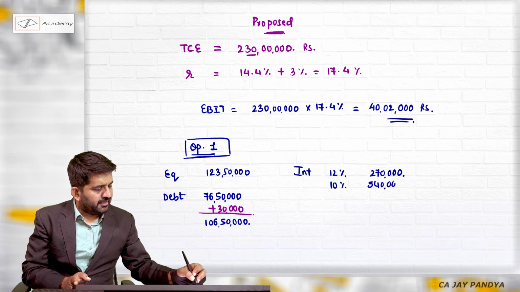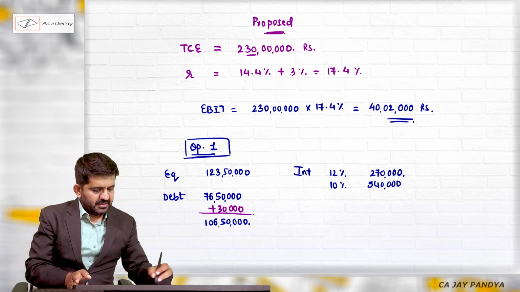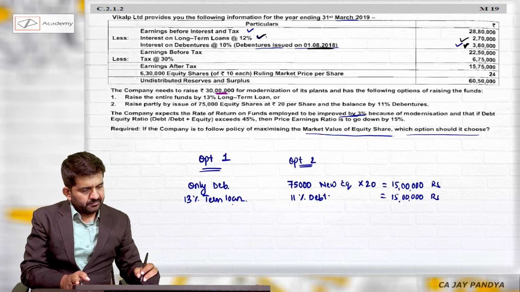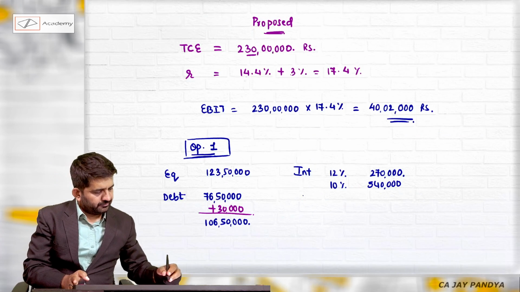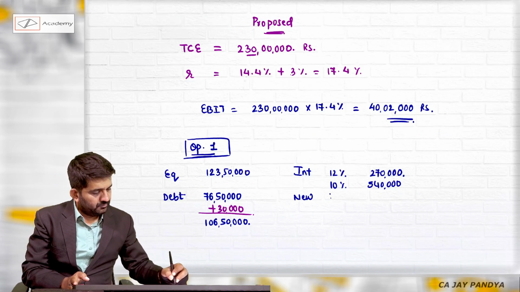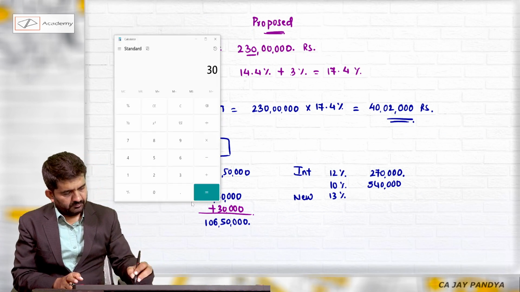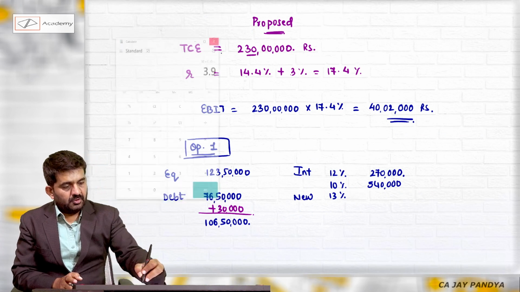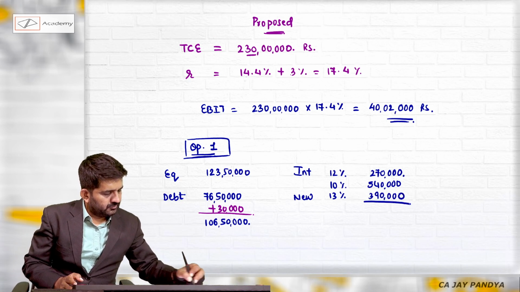In last year, it was 8%, 8 months. Now, from now onwards, it will be 12 months. And a new loan of 13%, 30 lakhs, which is 3,90,000.